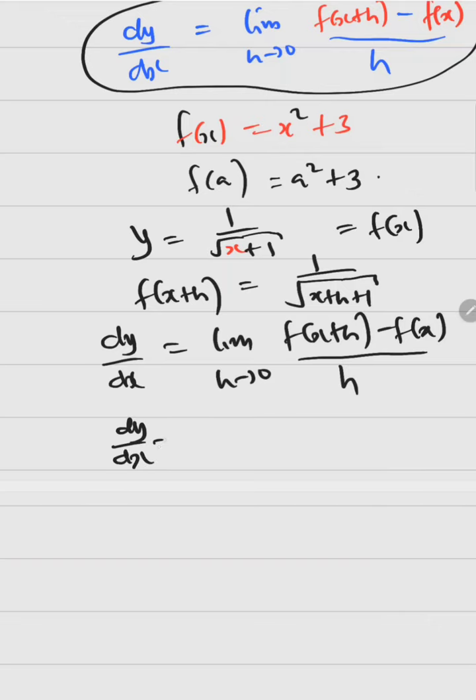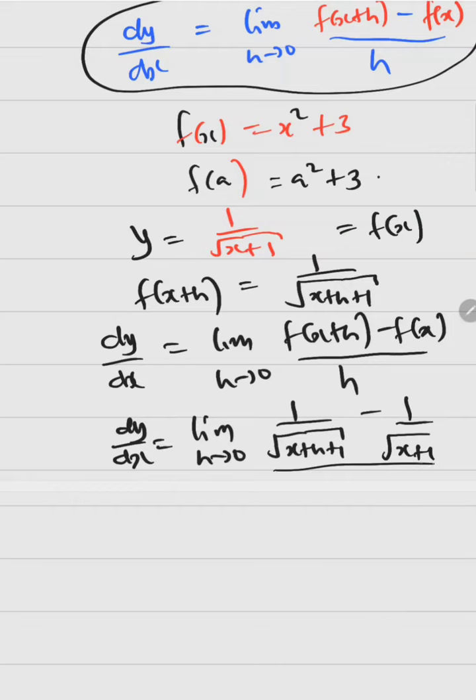Then my dy/dx will now be the limit as h tends to 0. Recall my f of x plus h now is 1 divided by square root of x plus h plus 1, minus f of x. My f of x is given as this, that is 1 divided by square root of x plus 1, then divided by h.